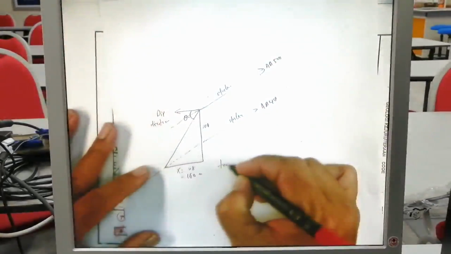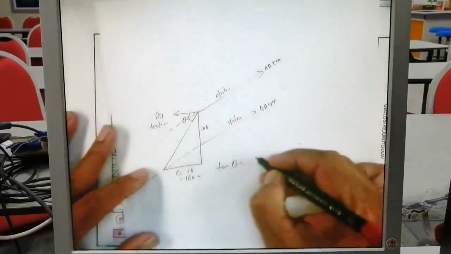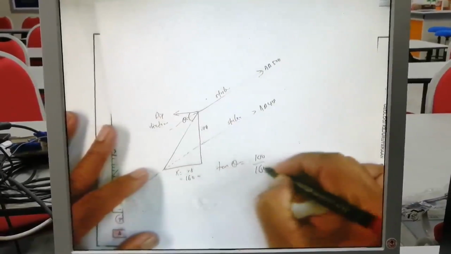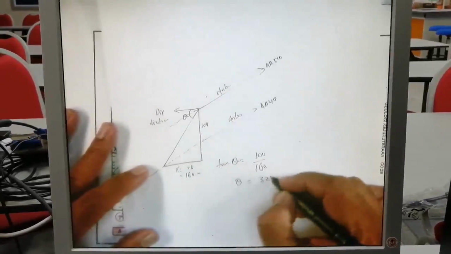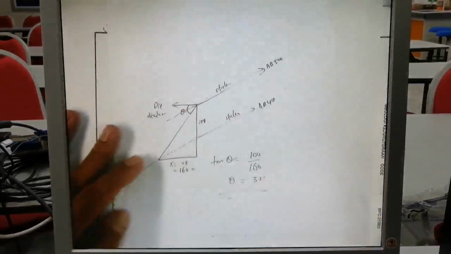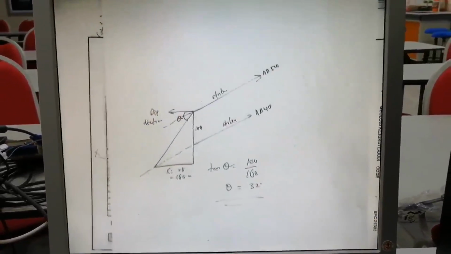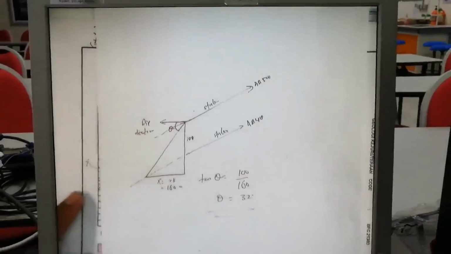So tangent theta equivalent to 100 divided by 160. So our theta is 32 degrees. Yes, sometimes it's not same, sometimes it's similar dip angle.